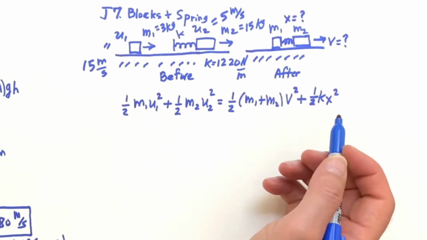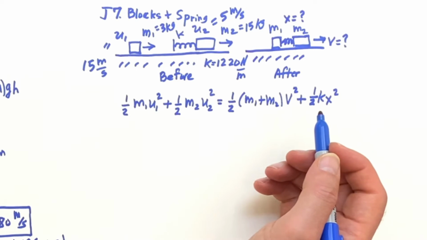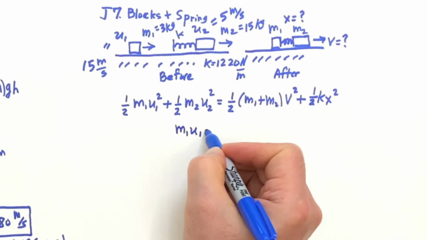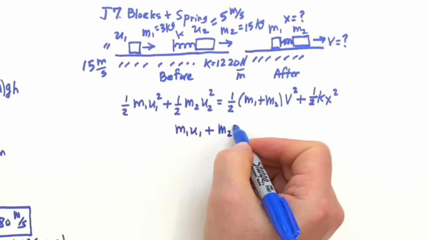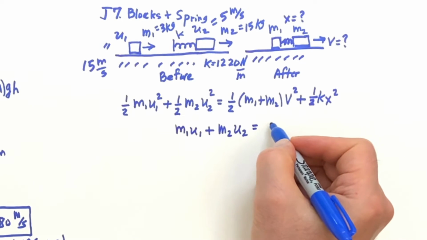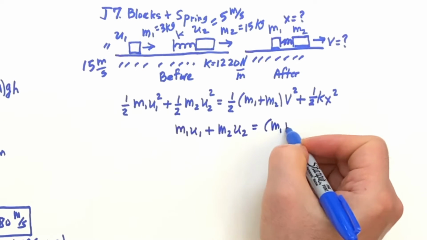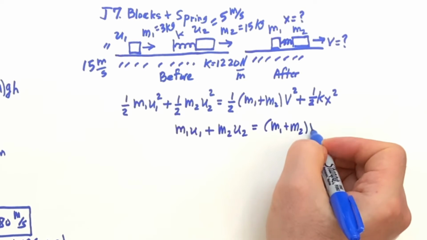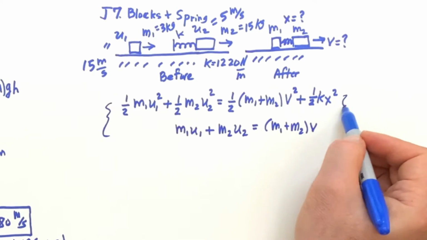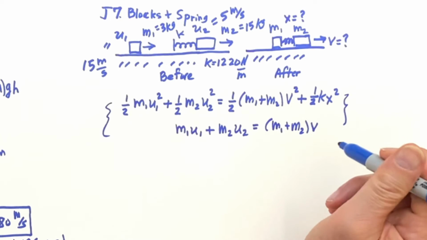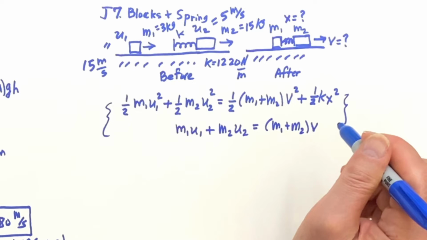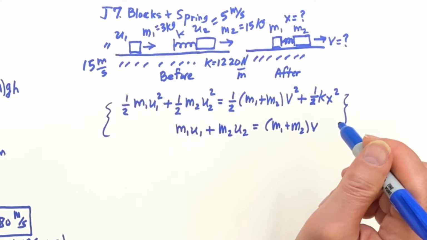So if we add here our conservation of momentum, we have m1 u1 plus m2 u2, that's the momentum before, and then the momentum after. Since they move together, we can combine the masses and have v. So we have 2 equations with 2 unknowns, v and x, and we can solve for them.